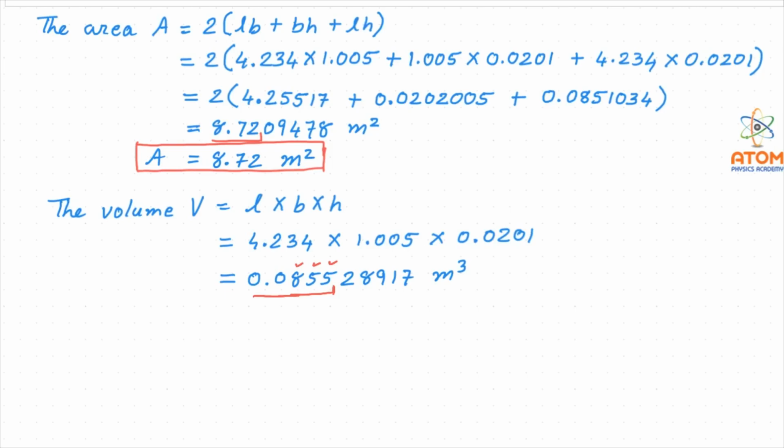Now when I reduce this number up to 5, I have to omit this 2, and while omitting this 2 there will be no change in 5, and so the answer remains 0.0855 meter cube. So here is our answer of volume, that is 0.0855 meter cube.